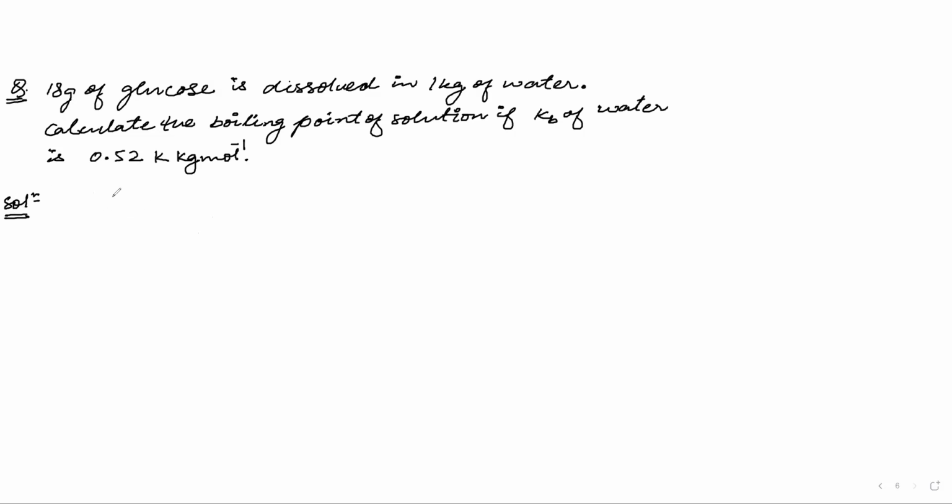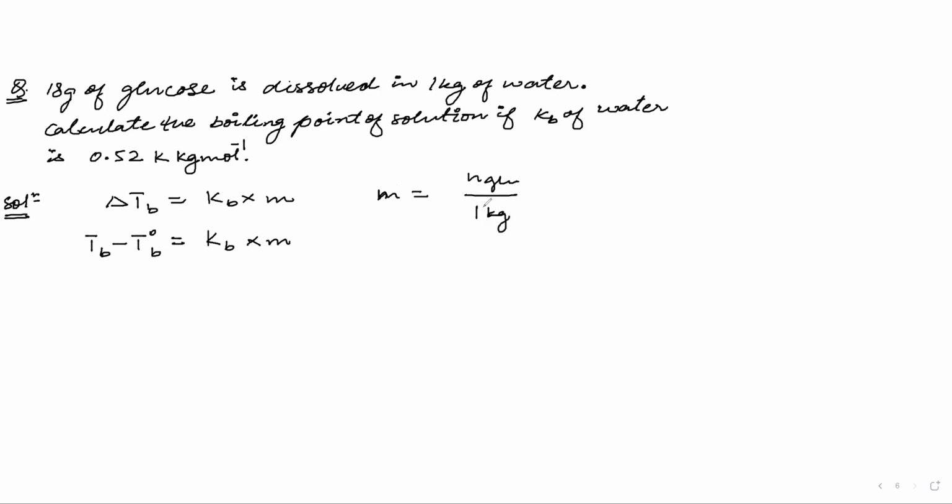We have delta TB is equal to KB into molality. Here you need to find the molality, and you can rearrange. You can write the formula this way also: TB minus T naught B is equal to KB into molality. Molality is equal to number of moles of glucose upon kg of water. How many kg do we have? 1 kg.